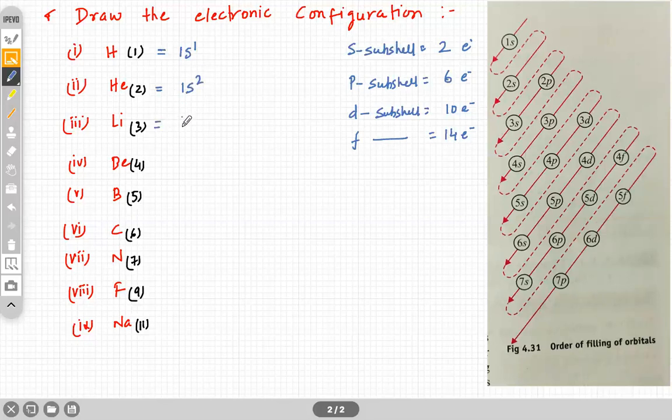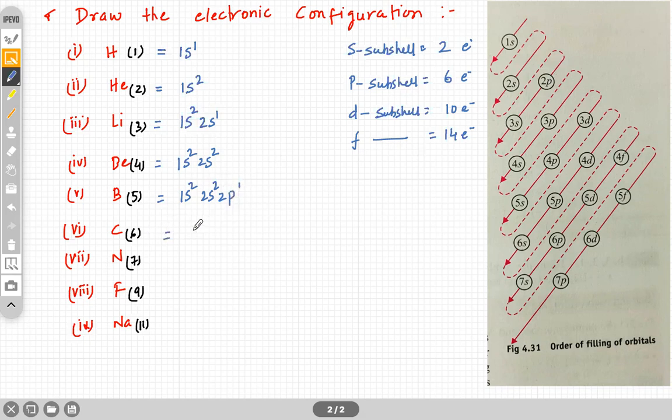Lithium has 3 electrons. 1s can have maximum 2, then the third electron goes into the next higher energy orbital, 2s1. The fourth electron goes into 2s again, 2s2. The fifth electron will go into 2p, and 2p can have maximum 6 electrons.